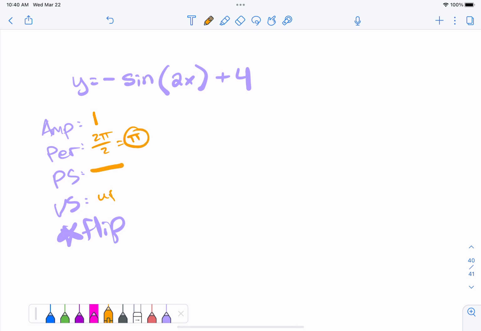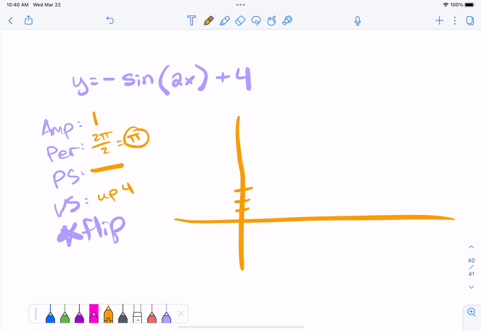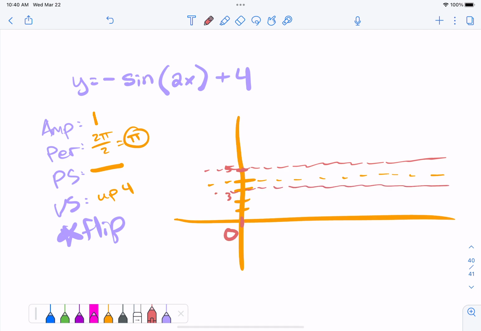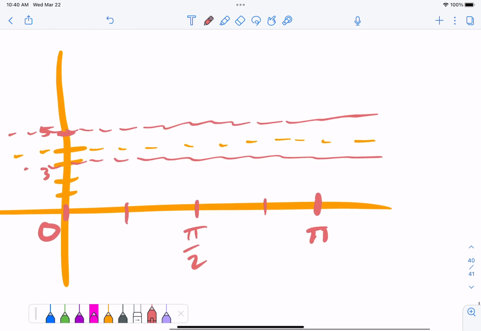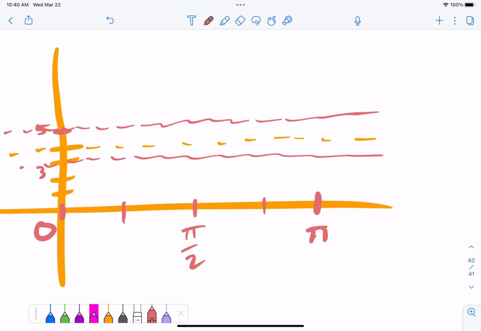Someone starts at the bottom. And we're flipping it, right? Did I do this right?